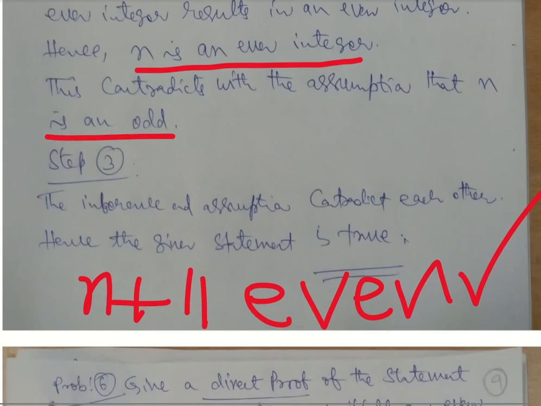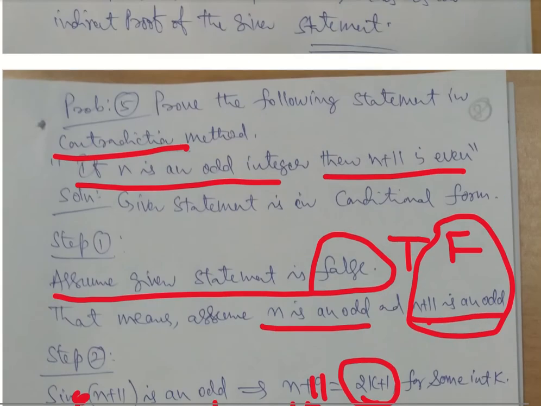Okay, so finally the method behind contradiction is, take this statement, we know it is a conditional and always will have a truth table. You know that TT is T, TF is false, FT is true, and FF is true. Remember that. And consider the conditional is false. So when the conditional is false, P is true and Q is false.